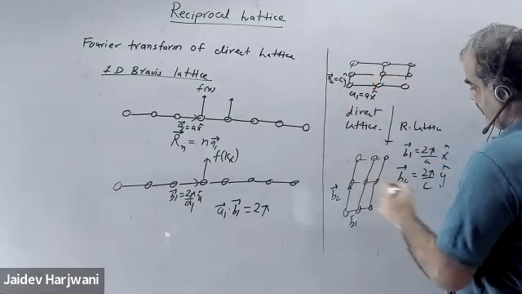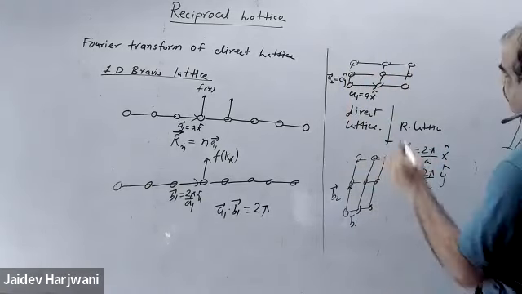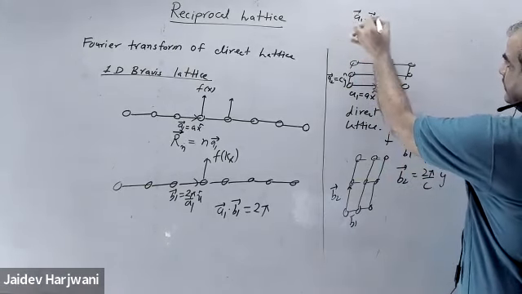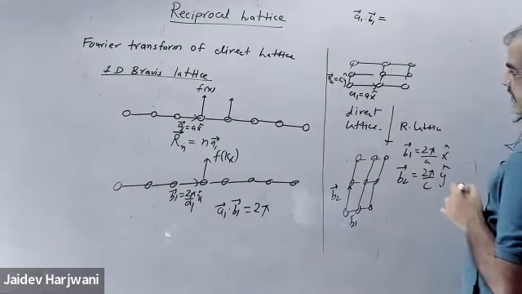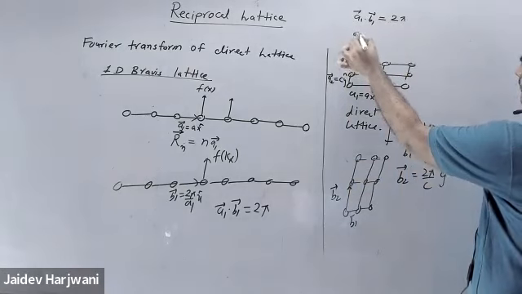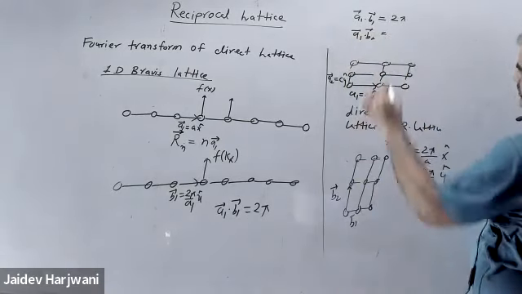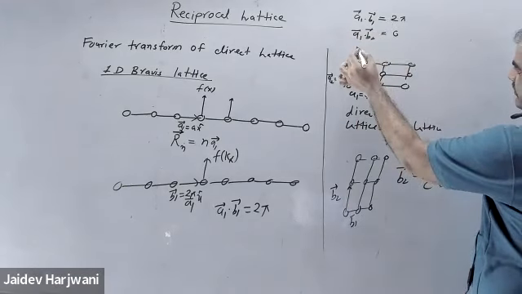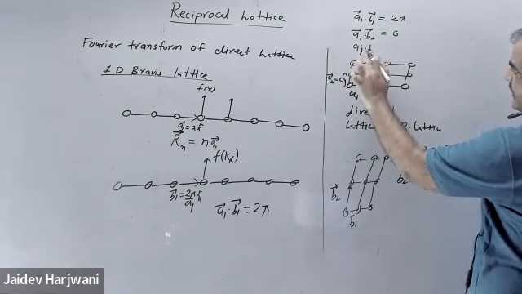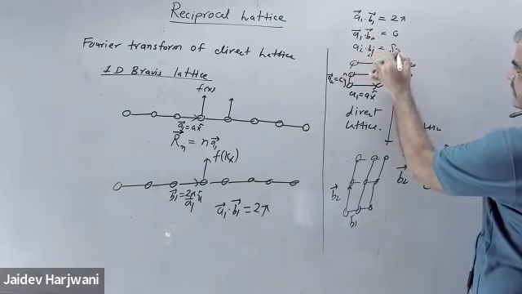Now similarly here also you can write a1 b1. So how much will a1 b1 be? 2 pi. And how much will a1 b2 be? 0. Very good. That means whenever you take ai bj, you will get delta ij.